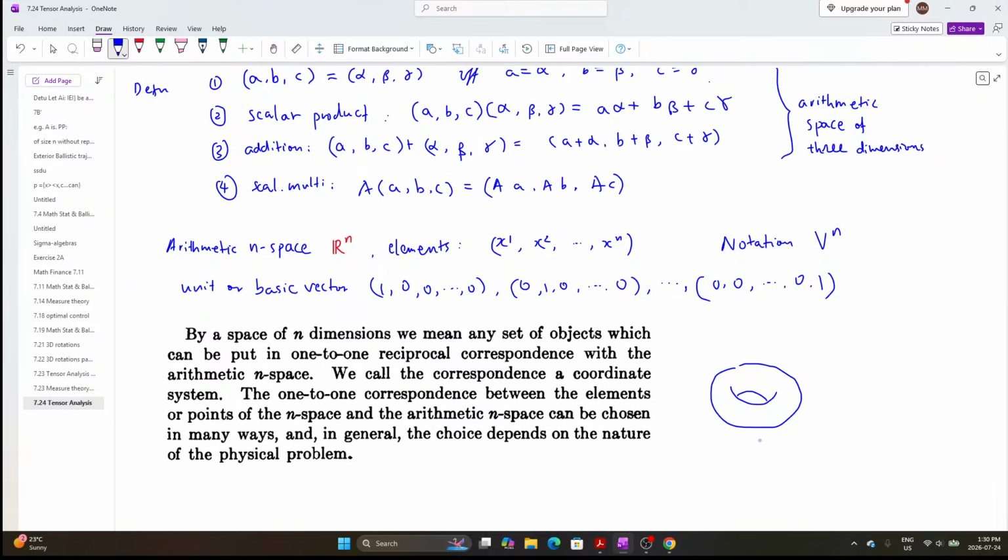What they're saying is, if you look at a small patch of that set, you can build a bijection between it and a subset of Rn, the so-called arithmetic n space. Let's use this as a visualization for Rn.